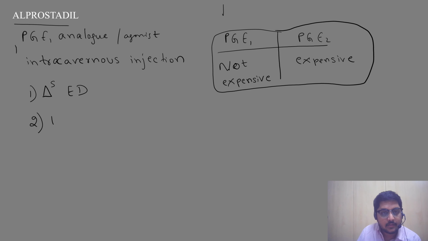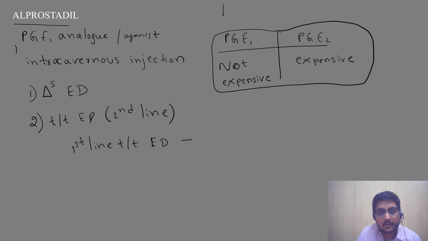It is also used as treatment of erectile dysfunction, as second line therapy. What is the first line treatment of choice of erectile dysfunction? Yes, PDE5 inhibitors, sildenafil, all these things.